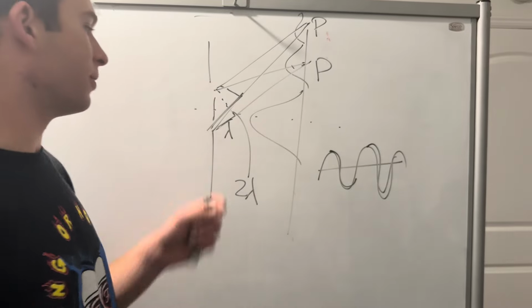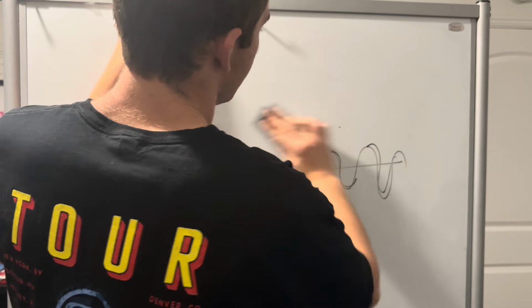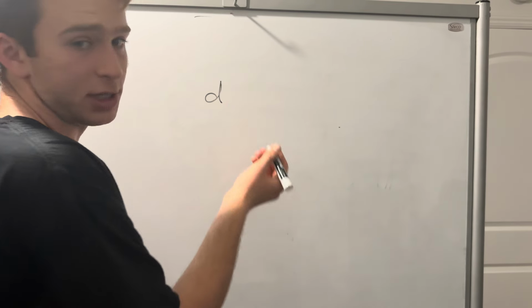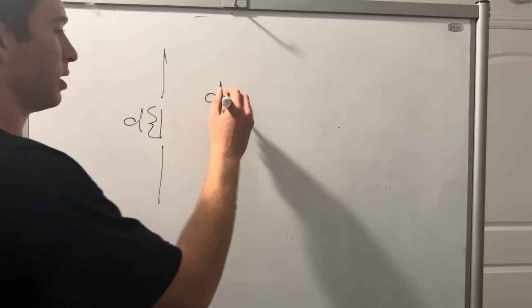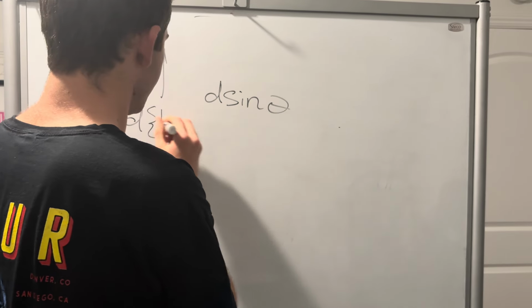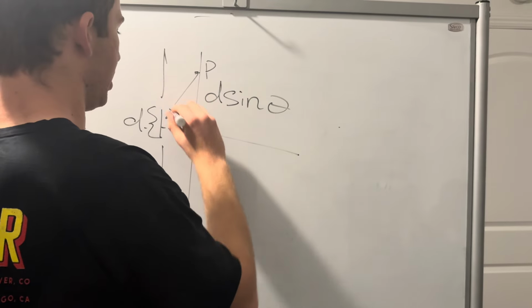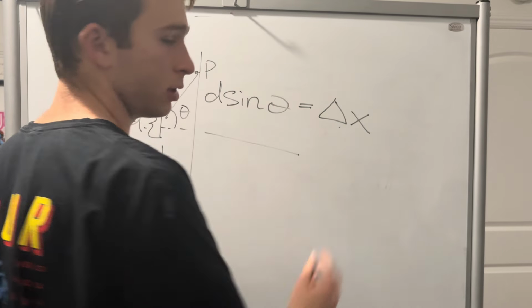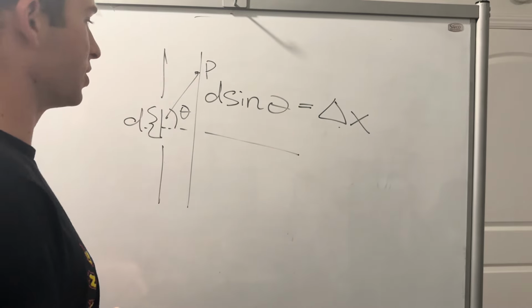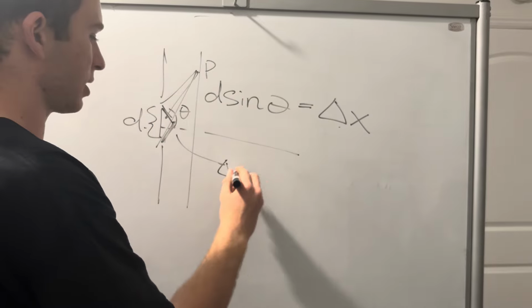And once you figure out the geometry for that, that culminates into the equation of d, the distance between your 2 slits, this is d, times sine of theta, which is, if you go to some point P, your angle from the horizontal, that's equal to your difference in path, which is the difference right here, delta x.